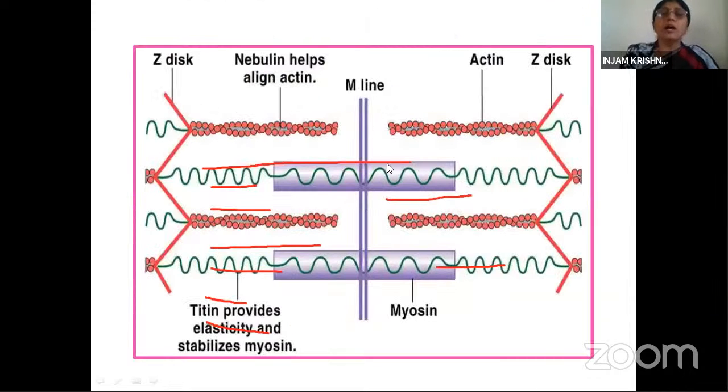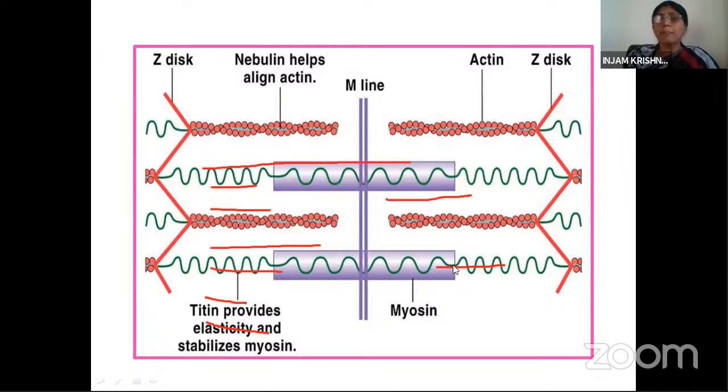See, I want to show the arrangement of the 6 types of proteins. It is the sarcomere. Always we take one sarcomere because it is the structural and functional unit of the muscle tissue. Actin is connected with the Z line. This is actin connected with the Z line. This is actin connected with the Z line. This is actin connected with the Z line. The center of the sarcomere, myosin.